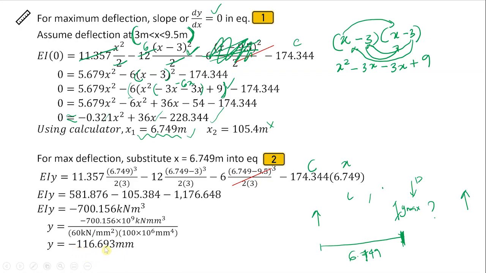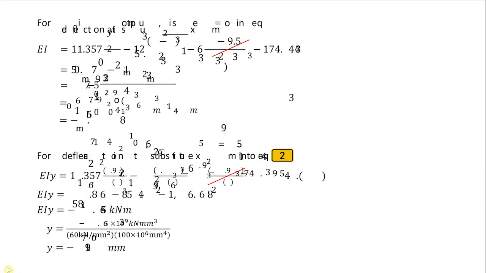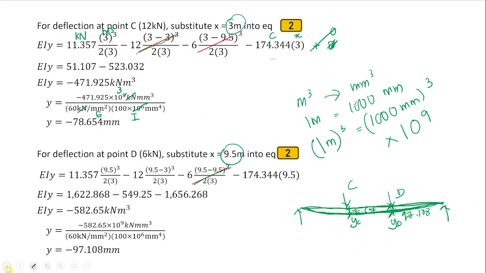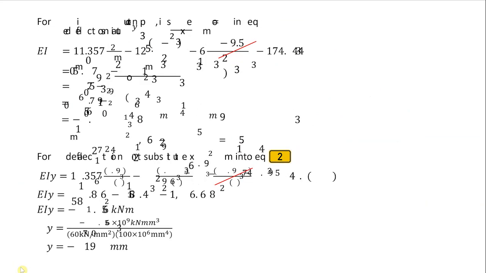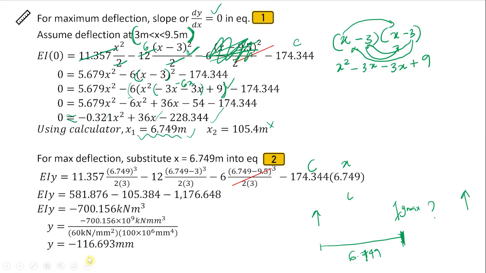So this is memang maximum value sebab you nampak value ni besar. Negatif 116.693. Kalau you compare dengan C dengan D tadi, value YD and YC is less than this value. Sebab kalau you check nampak value YC, this is YC and this is YD kan. Negatif 78 and YD negatif 97. So Y maximum is 116.693.